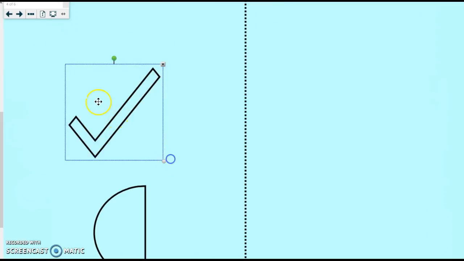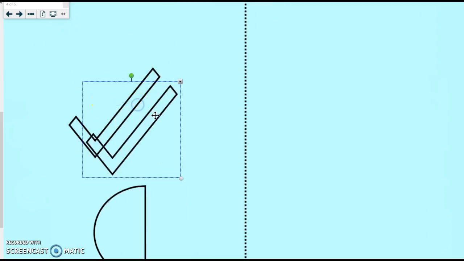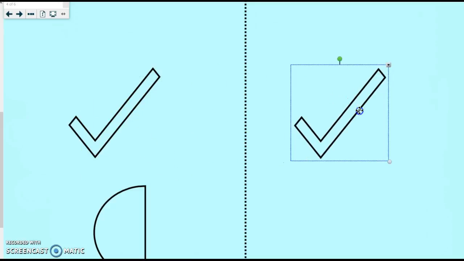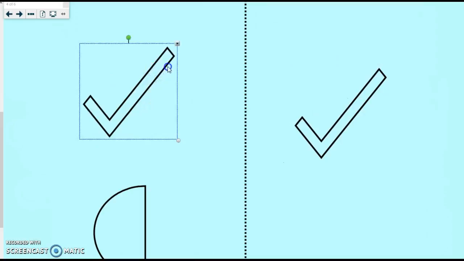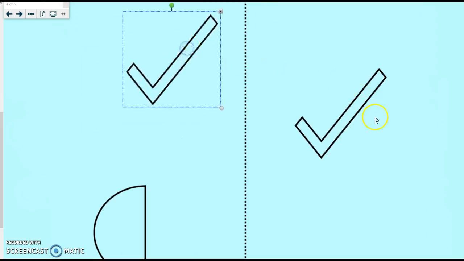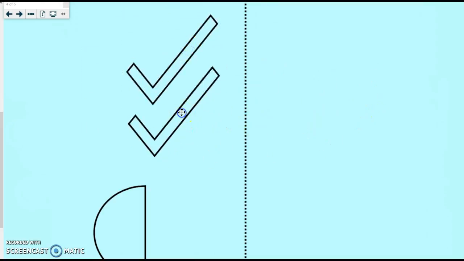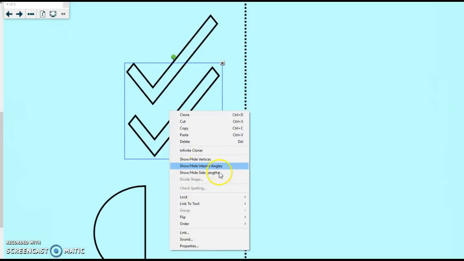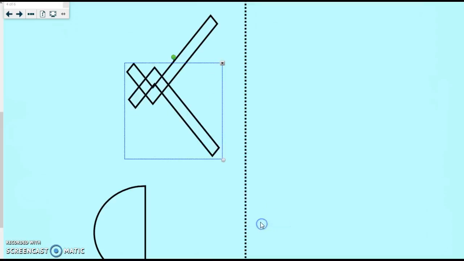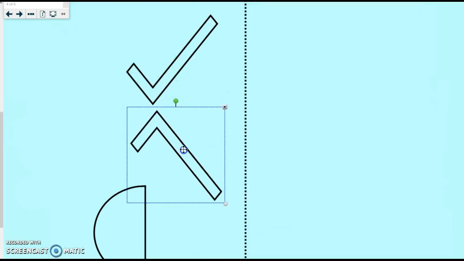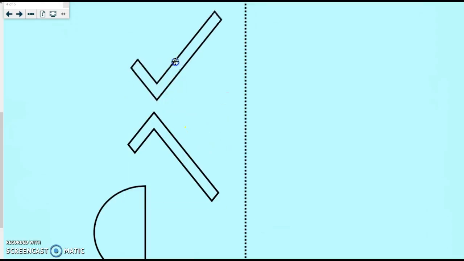We can do the same thing with this figure. We'll move it over here, or to show what a vertical flip would be, this would be a reflection based off of the y-axis.